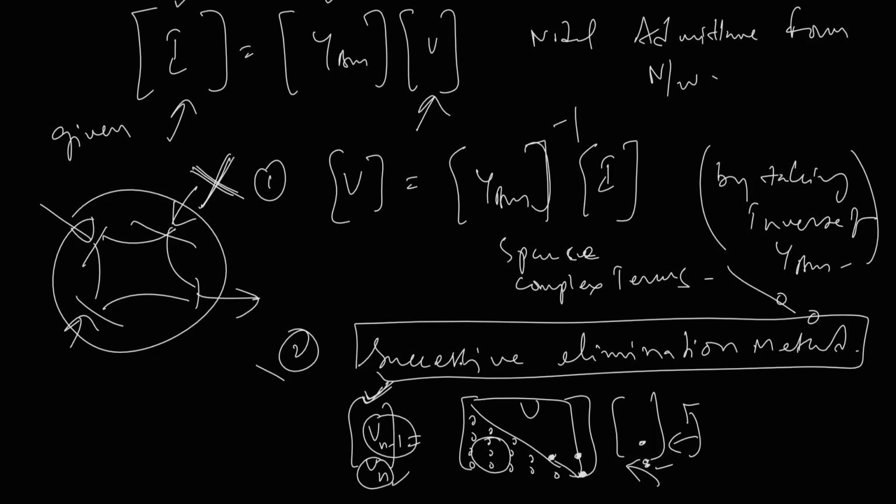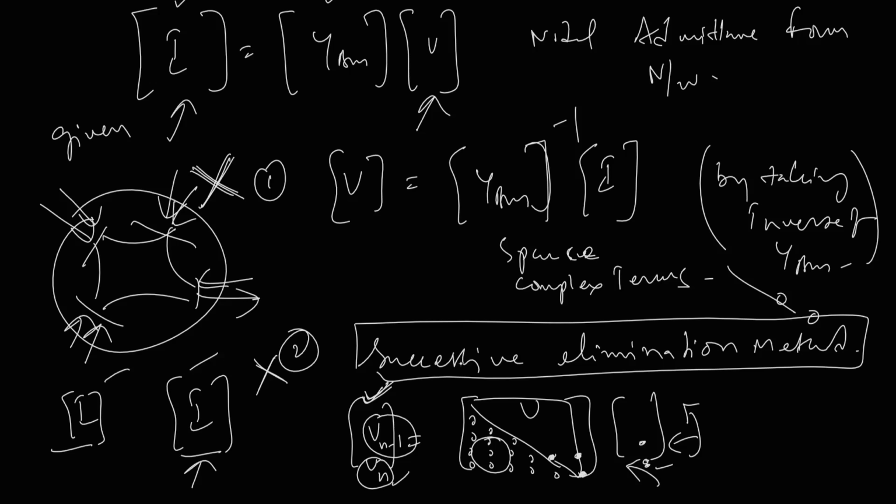But the only problem with this method is, if I want to calculate the solution for repeated injections, at one time I have given one type of injection vector, and at some other time I have given some other injection vector. If I change the current vector and want to find the solution, I have to do the successive elimination procedure repeatedly, which is time consuming.